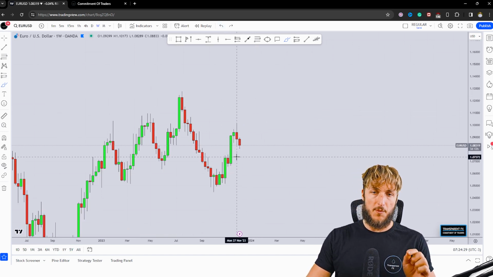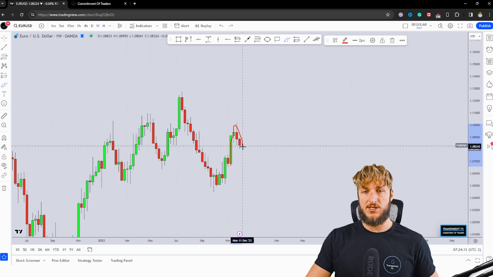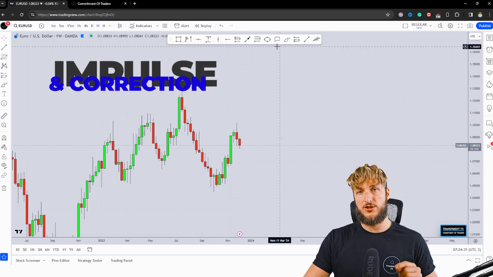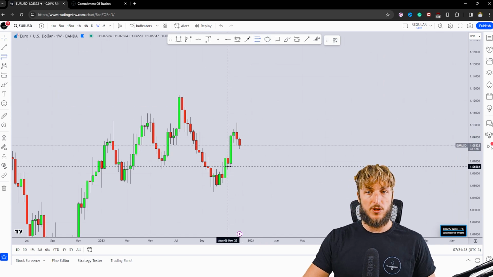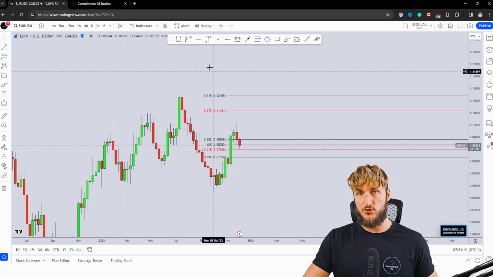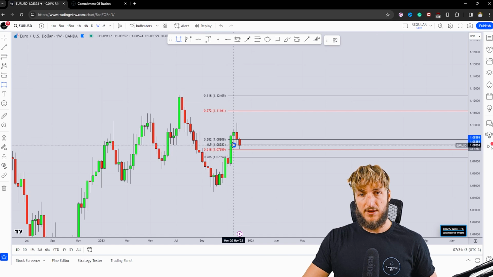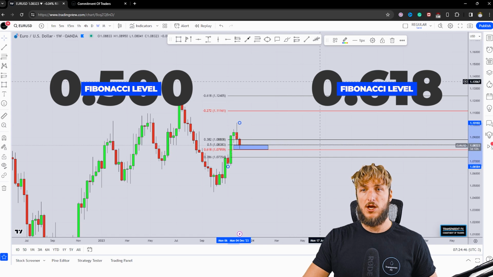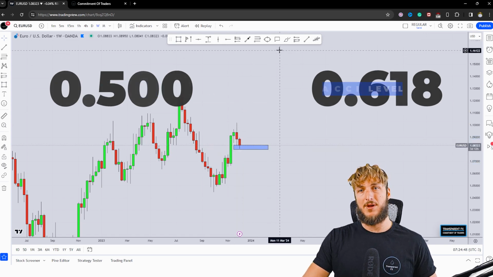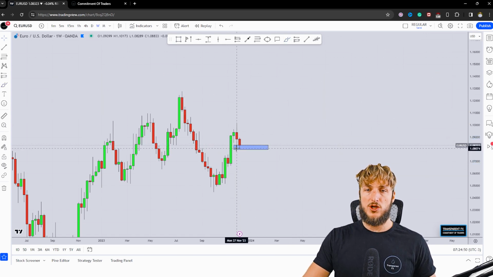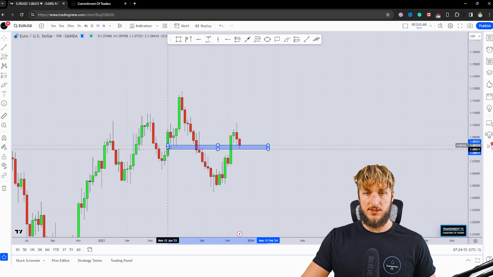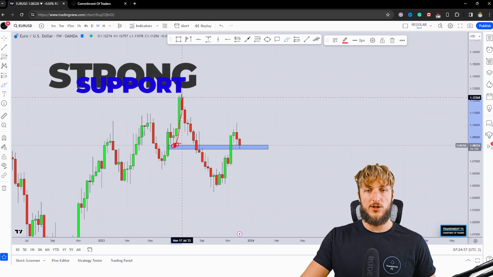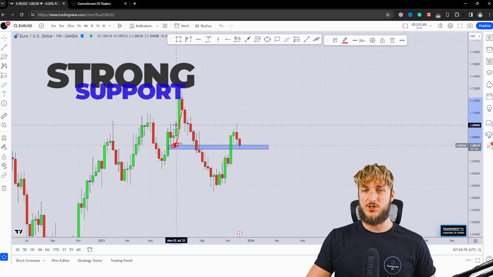We can also notice that from a pattern standpoint, we now have an impulse and a correction. And in general, after an impulse, if you want to measure the correction, you have to take your Fibonacci from the low to the high of the impulse leg. And if we do that, we can see how we have the 50% and the 0.618 Fibonacci retracements, which at the moment are lining up exactly at this area, which if we extend to the left, this exact same area, we can also see how it was the previous level of support here from which all this previous move to the upside was created.